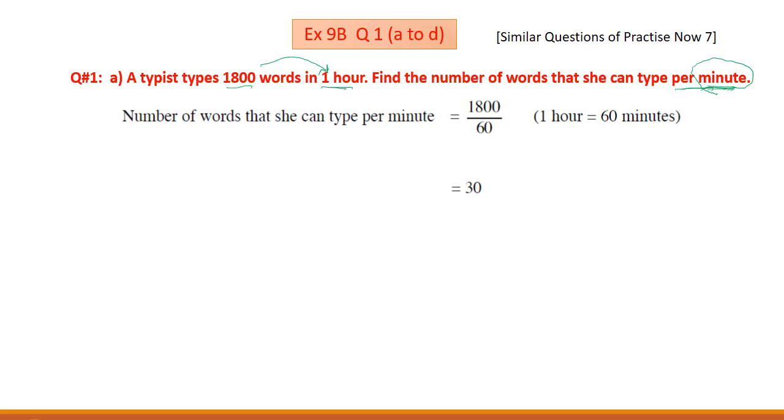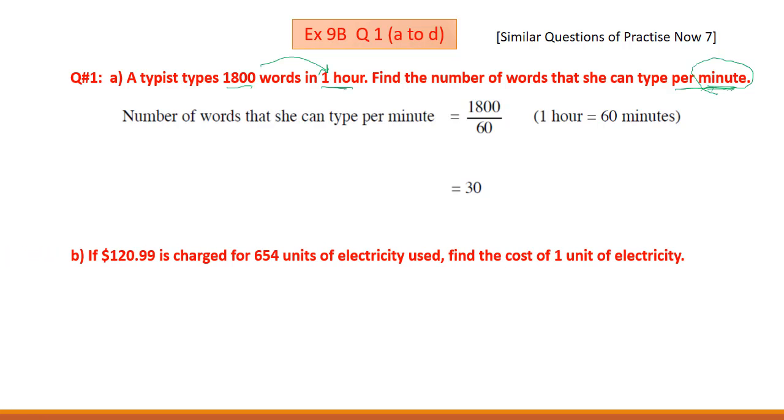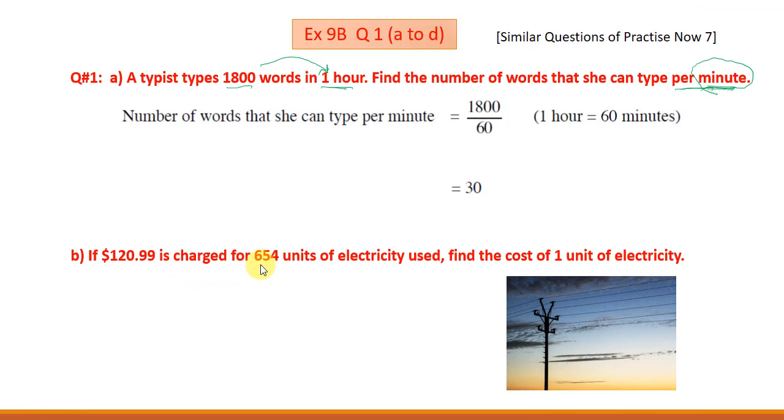Fine. Now our B part, $120.99 is charged for 654 units of electricity. Find the cost of 1 unit of electricity. So for 654 units, the cost is $120.99.